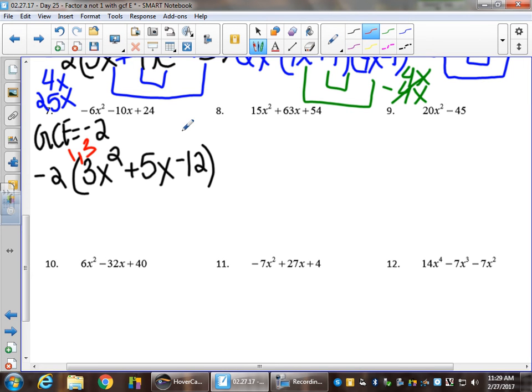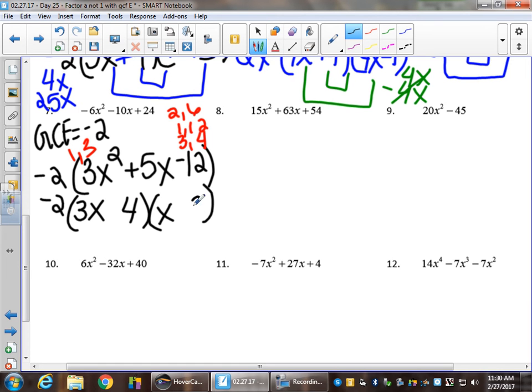Factors of C, 1 and 12, 2 and 6, 3 and 4. You know what it is? Okay, so first part, you're going to put what? 3x and x. Which factor did you choose? 4 and 3. Did you put 4 first or second? First. Okay, so let's see if she's right.